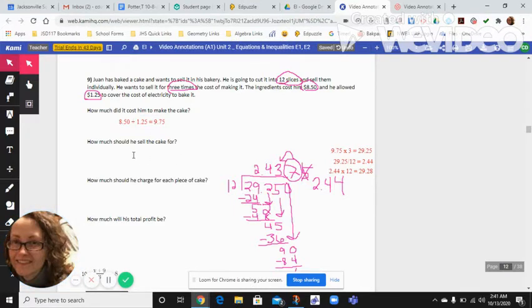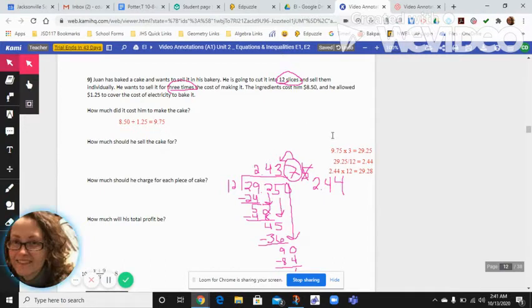So the ingredients plus the electricity, it costs him $9.75 to make the full cake. How much should he sell the cake for? Well, let's actually go ahead and take off the two numbers that I've already used. I'm going to use the 3 times the cost of making it. So it cost him $9.75 to make it.